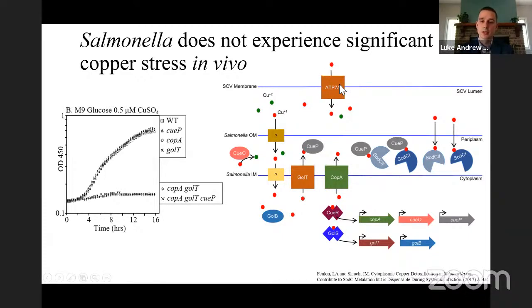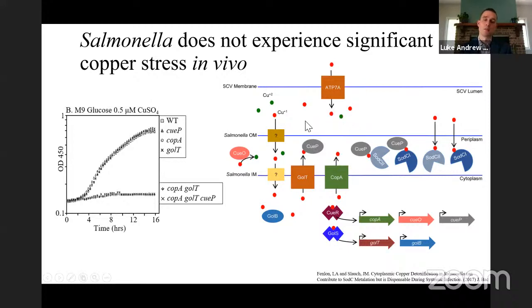This transporter inserts in the phagosome membrane, or the Salmonella containing vacuole membrane, and actually pumps copper into that vacuole. Based on what I mentioned about copper potentially being growth inhibitory to bacteria, the idea is that by increasing copper in this vacuole, it can be another antimicrobial defense for host immune cells.